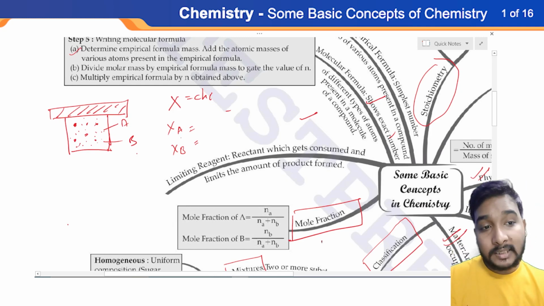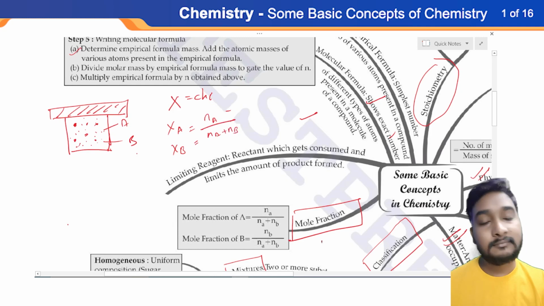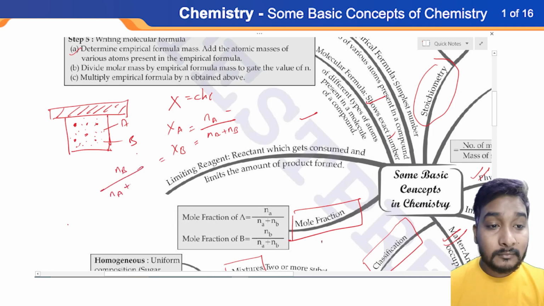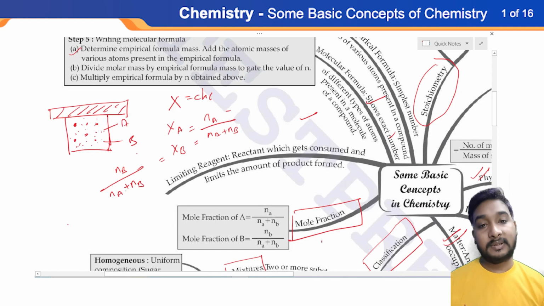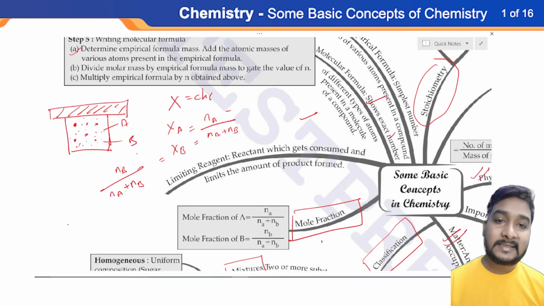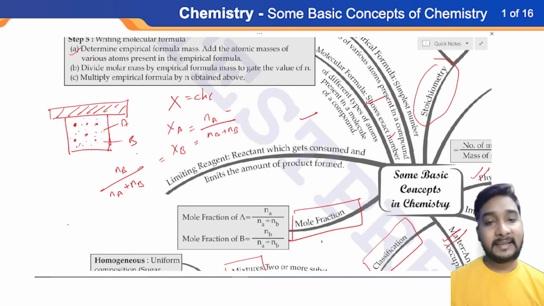So the mole fraction of A is moles of A upon moles of A plus moles of B. Similarly, the mole fraction of B is moles of B upon total moles of A and B. After this division, I can easily obtain the mole fraction of any gas.